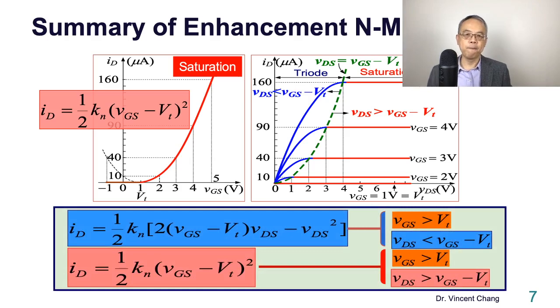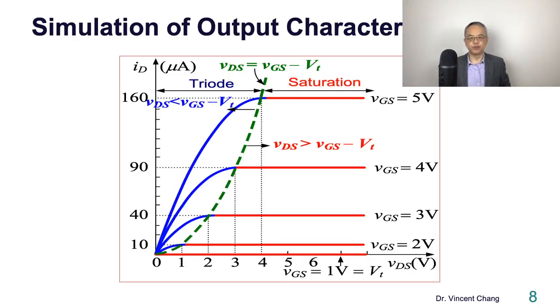So this is the total picture. The blue represents the characteristic in triode, and the red represents the characteristic in the saturation region. In this lecture, I'm going to present the simulation process, some of the key code, and also the result.